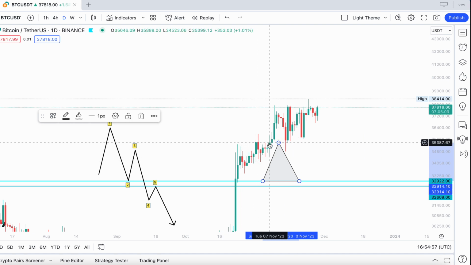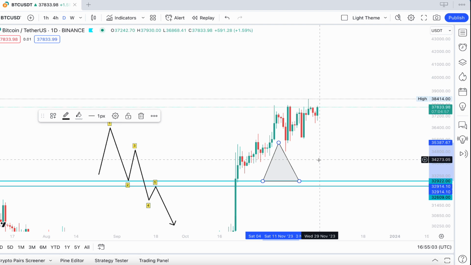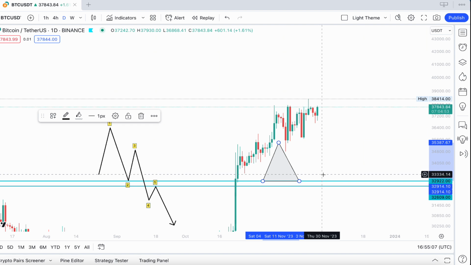Meaning, as the price, for example, is at 35, you buy 1 Bitcoin. If price goes to 34, you buy 2 Bitcoins. And if price goes to 33, you buy 6 Bitcoins. But if it goes below this level, your stop loss is activated.